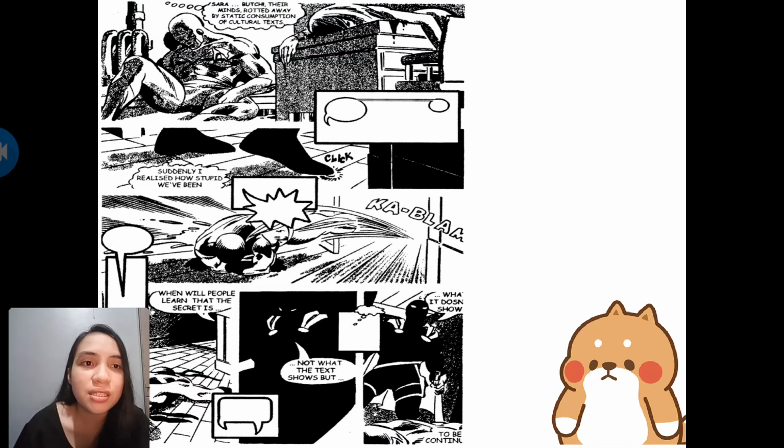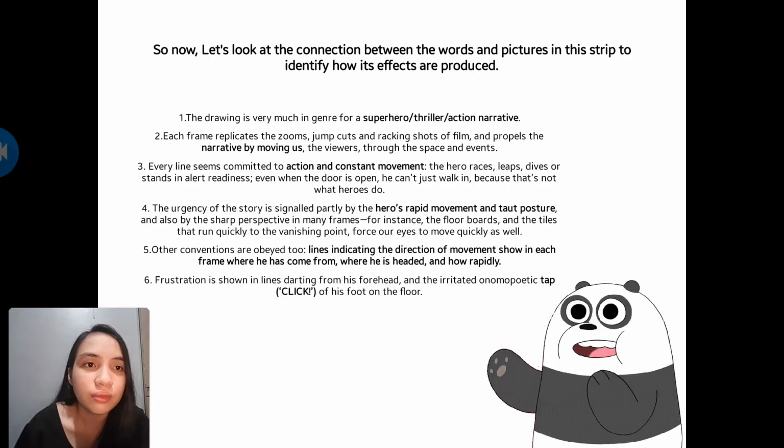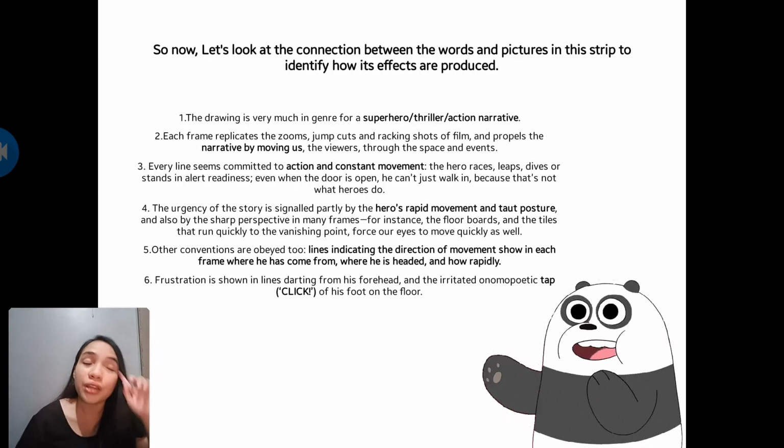So it means that there was a criminal in the story, and the character is a detective who wants to catch the criminal. From the word click, it's just one word, but it has a kind of impact on the flow of the story or the other character of the story.